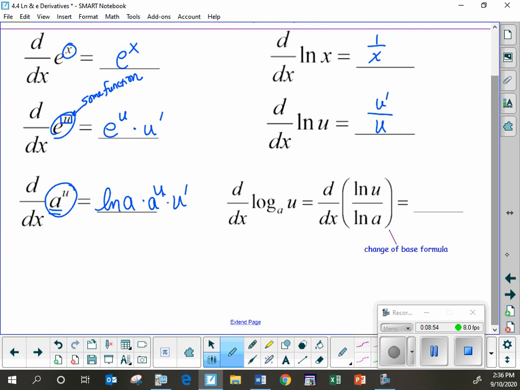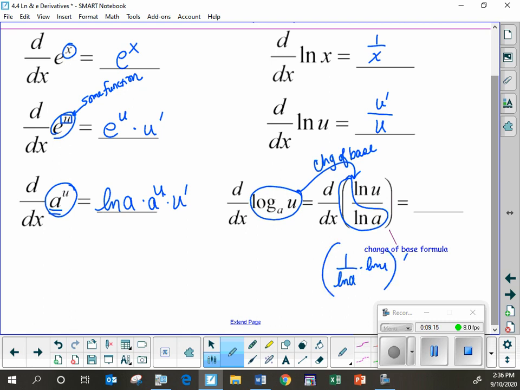And log base a of u, well, I can use the change of base formula to rewrite it into natural logs. And then I could say, well, this is 1 over natural log a, because that's just a coefficient, times natural log of u. And if I take the derivative of that, I have the coefficient times u prime over u.